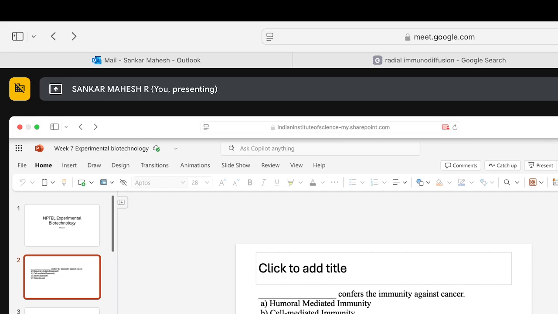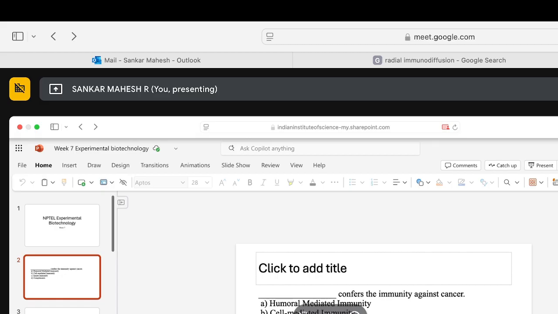Is it like an antigen is being coated with something so that cell mediated immunity can act? Yes, sir. Opsonization is a process where an antigen is coated with markers so that your cells can identify them. Yeah, that's a brief overview.